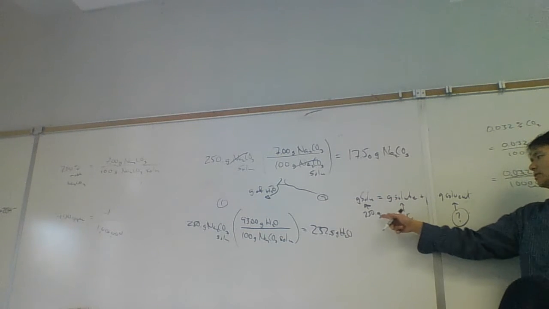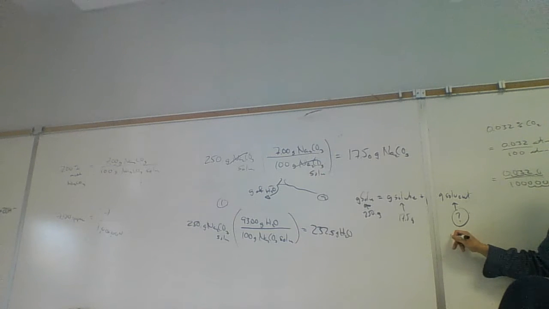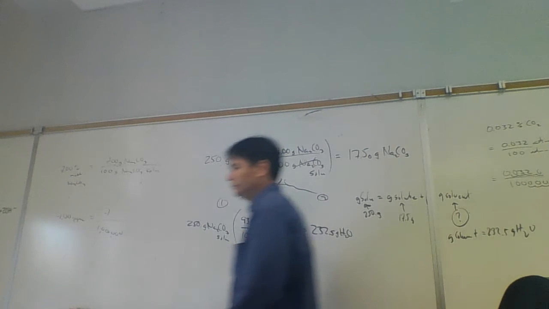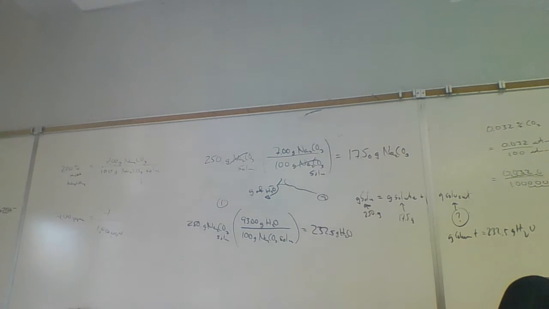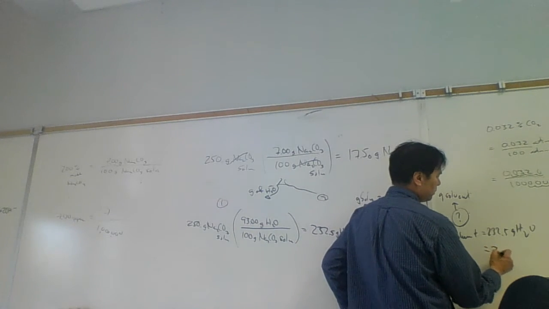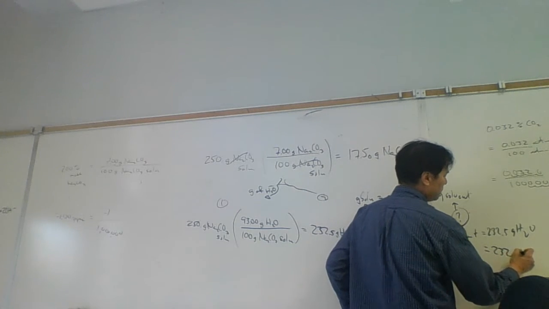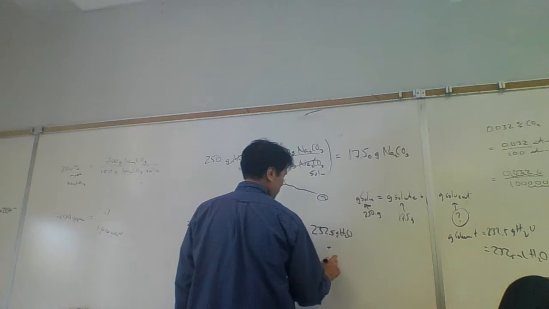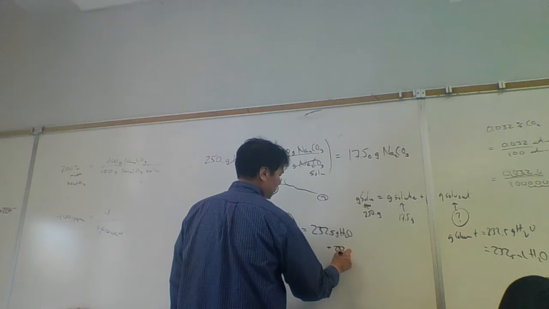That would be 250 minus 17.5, so the grams of solvent comes out to 232.5 grams of water. Well, water is 1 gram per milliliter, and so this comes out to 232.5 milliliters of water. Same thing, 232.5 milliliters.